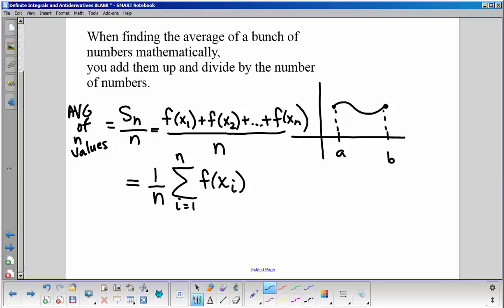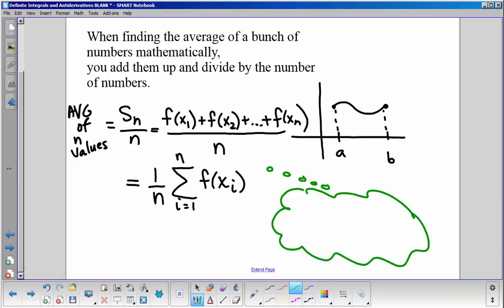Besides integral, you're thinking that might be an integral. Logically and correctly, it looks a lot like the sum of f of x sub i times delta x, right? But what's missing? The delta x. If only there was a way for us to get delta x in there.